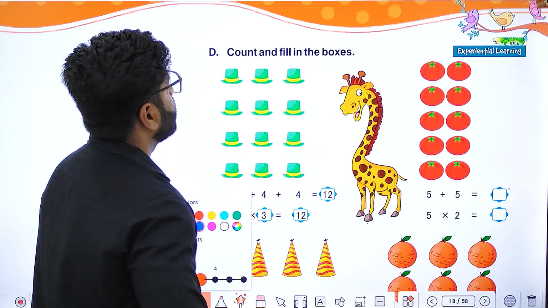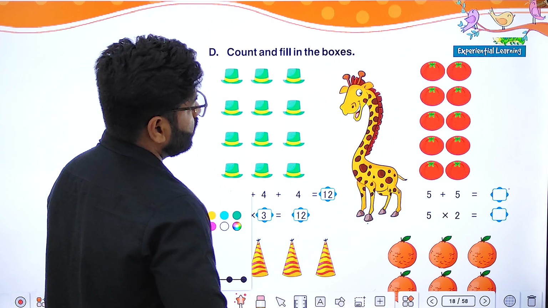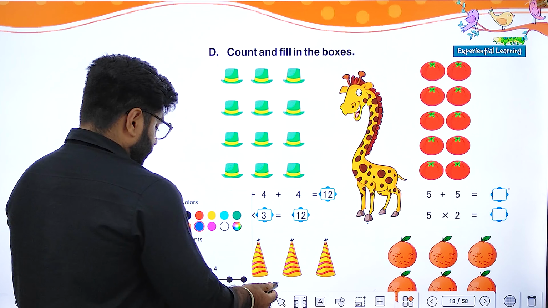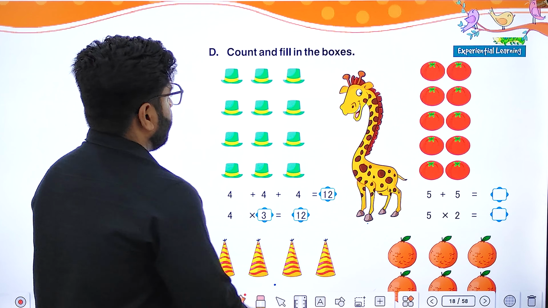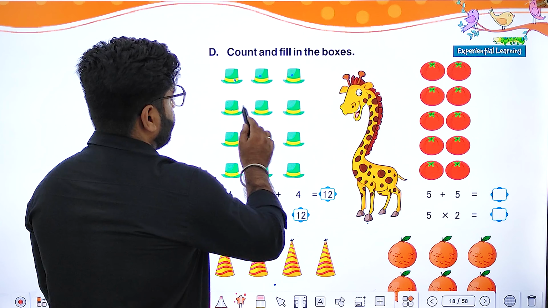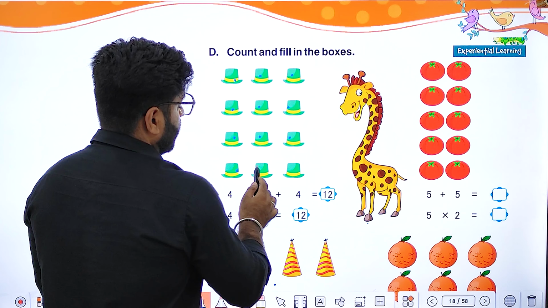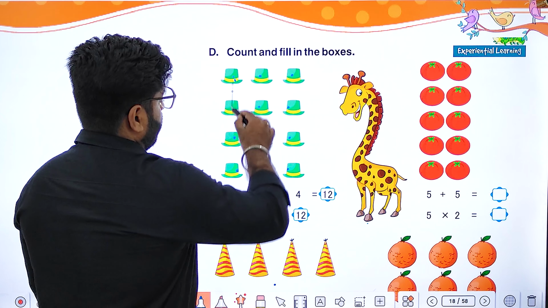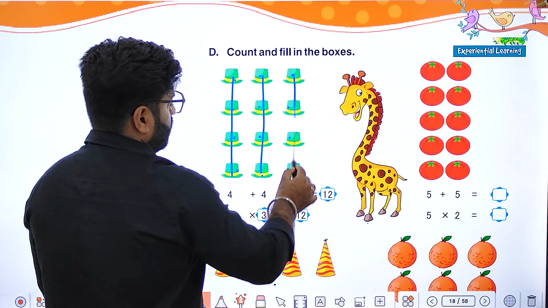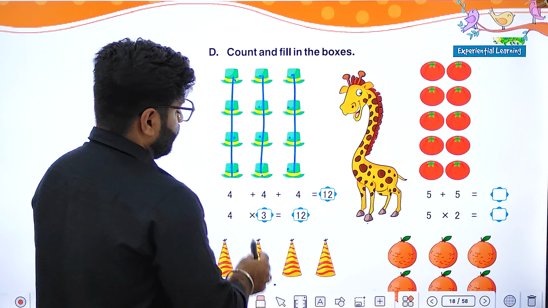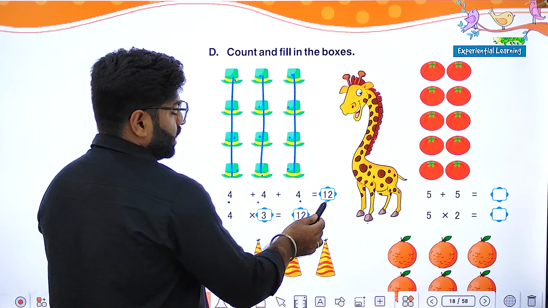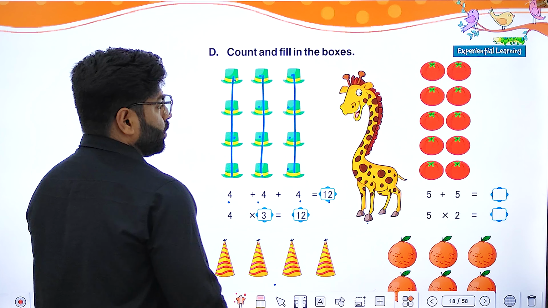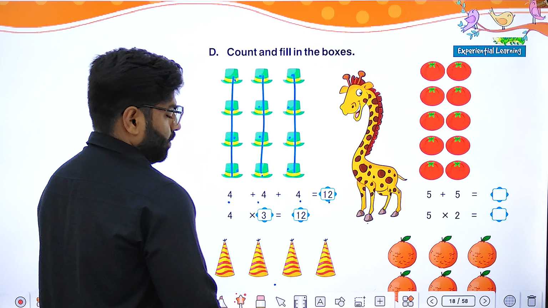Here we have count and find and fill in the boxes. Here we have caps: 1, 2, 3, 4, 5, 6, 7, 8, 9, 10, 11, 12. We have 4 caps in one group. So we add 4 plus 4 plus 4, that is 12, and 4 into 3 is 12 again.